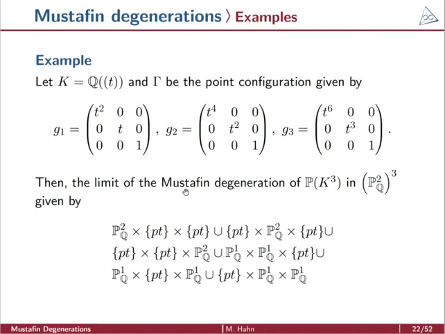I didn't show you how to actually do this, but this really illustrates that if we simply take the limit of the map, we only get a point in this product of projective spaces. But if we take the limit in terms of this framework of Mustafin degenerations, we actually get something of the correct dimension. So we actually here get a P2 times a P2 union with a P2 union with a P2, and then once again 3 copies of P1 times P1.